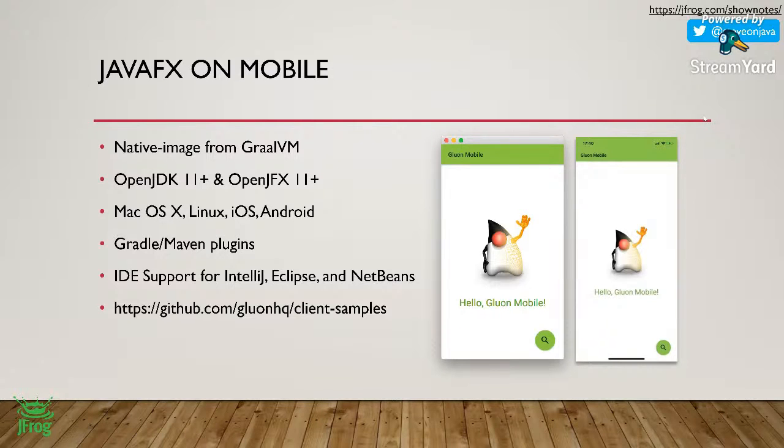So using Gluon and any OpenJDK version starting from 11 plus, you can build for both iOS and Android, and for desktop platforms as well. There's plugins for Gradle and Maven to make it very easy to build your application, IDE support for IntelliJ, Eclipse and NetBeans, and some great samples provided by the Gluon company.